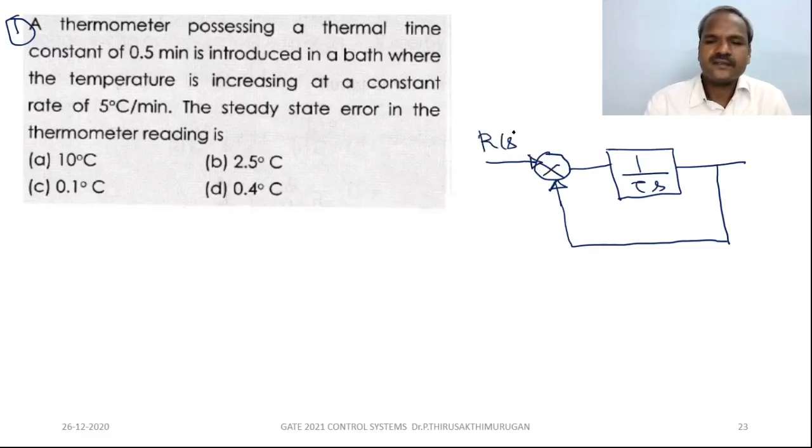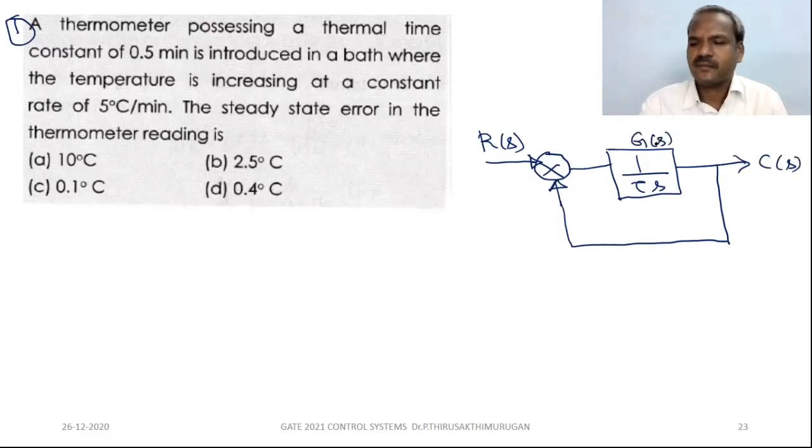So R of S is the input and the forward path transfer function is 1 by tau s. This is C of S. This is our G of S, the thermometer. This is E of S, the error. So let us find the steady state error for the system. The closed loop transfer function of the system is C of S by R of S.